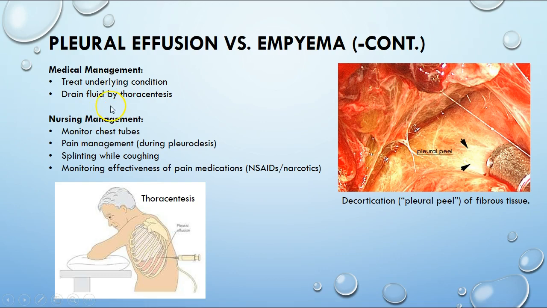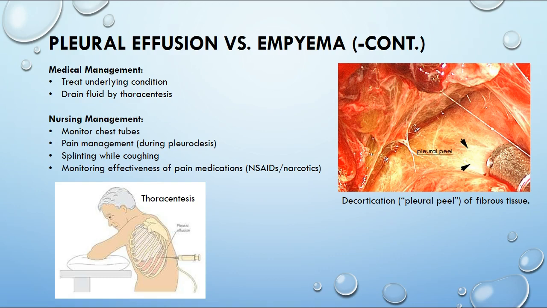Drain the fluid through a thoracentesis. If a thoracentesis is done, a patient will have chest tubes. Part of your nursing management is monitoring chest tubes, which hopefully you will watch in my other video, about 10 minutes on the medical management. Make sure you know your different chambers and what happens in each of them.